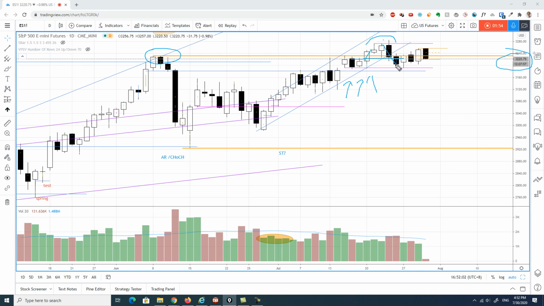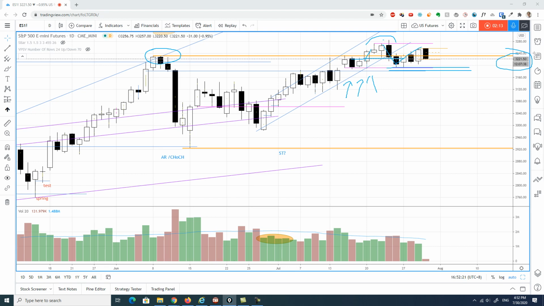So at the moment, we are still not fully out of the woods yet, but as long as we're still above the 3190 level or 3180 level, then I think I still have a bias for the S&P 500 to move up to test the higher targets.